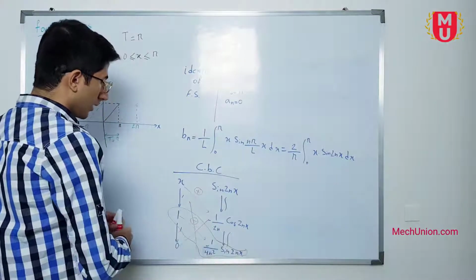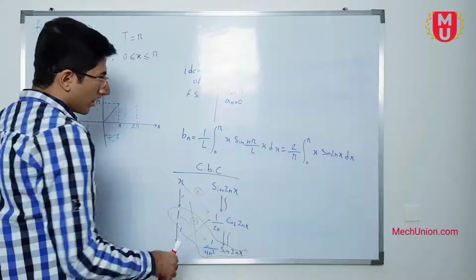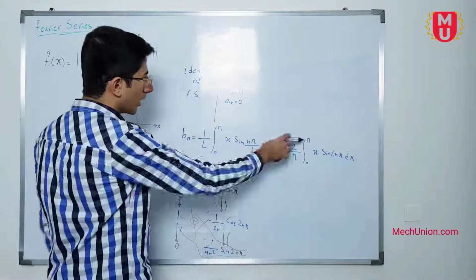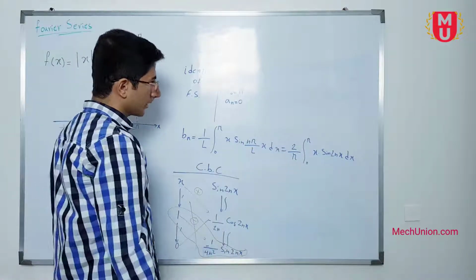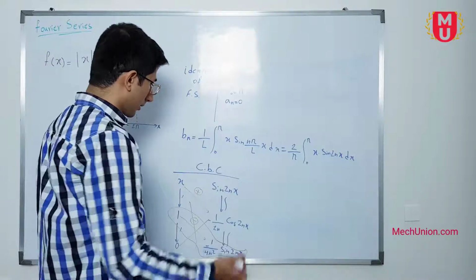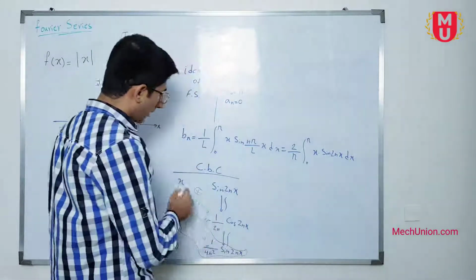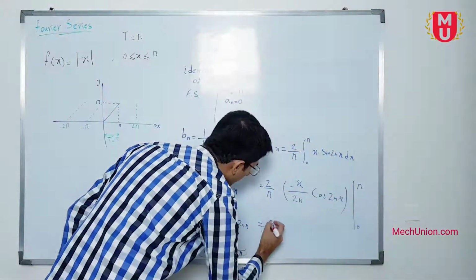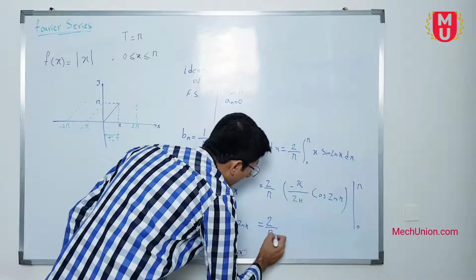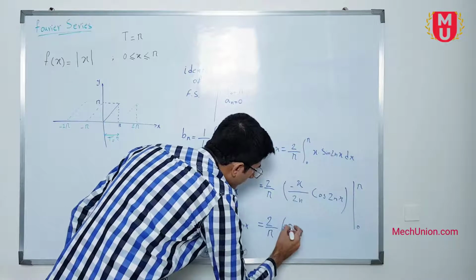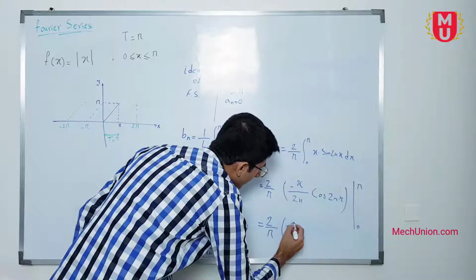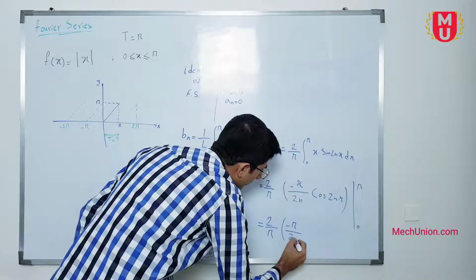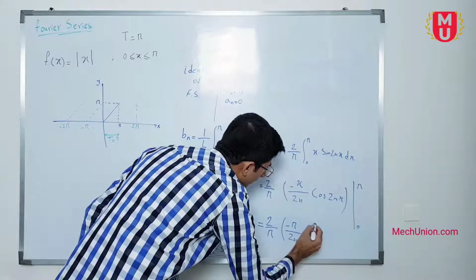If we put 0 and pi instead of x, we just solve for this. This equals 2 over pi times minus pi over 2n minus 0.